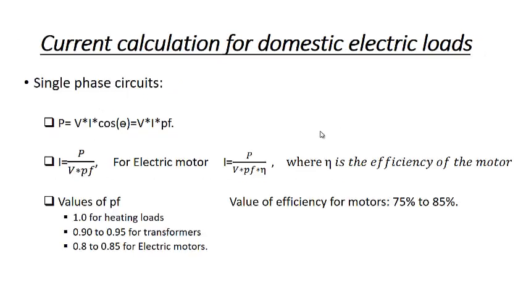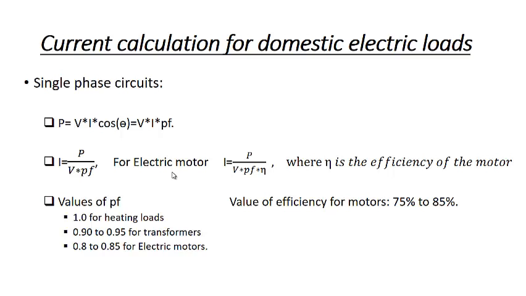So for the calculation of the current for domestic electric loads, single phase circuits, we know that power is equal to VI cos phi, or VI into PF, where PF is the power factor. So from this equation, current will be equal to P divided by V into power factor. But for an electrical motor, usually the power that is given is the output power, and we need to calculate the current from the input power.